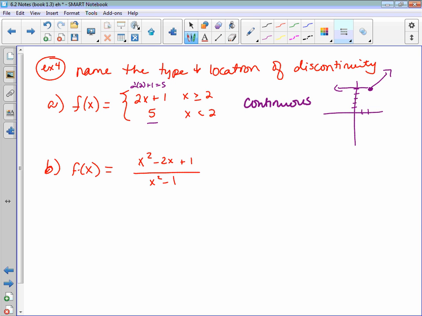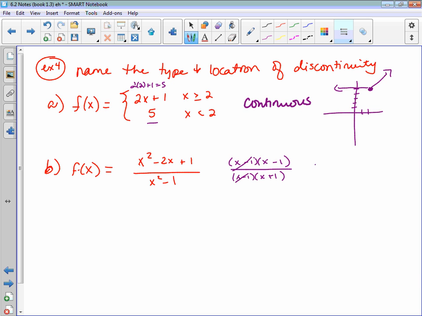If I factor the numerator, what does it factor into? x plus 2, x minus 1. Denominator, what does that factor into? x minus 1. All right, so these cancel, right?